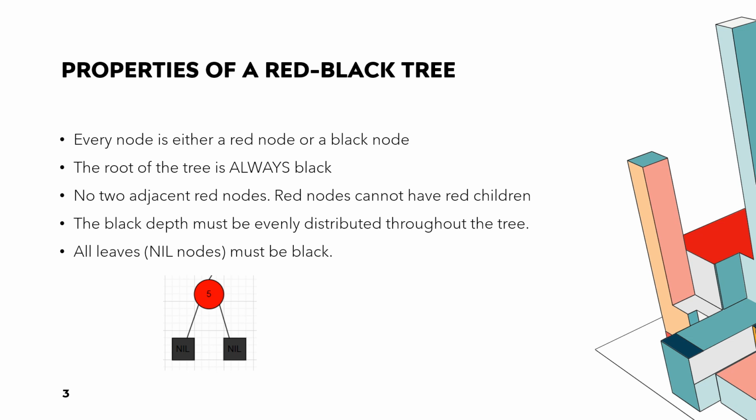This will break one of the tree properties. And also, from any node, the same number of black nodes must be in any given path. We cannot have, let's say, 4 black nodes stemming from one node and then 3 black nodes stemming from the left subtree of that node, because that would mean that the tree is imbalanced. And all leaves, or in this case, nil nodes, must be black.